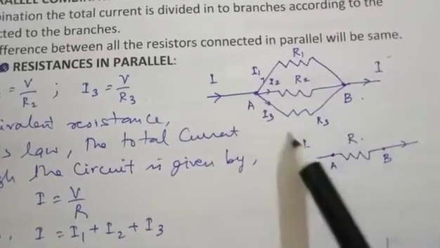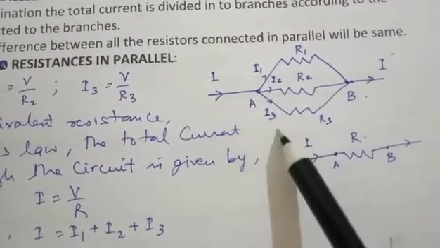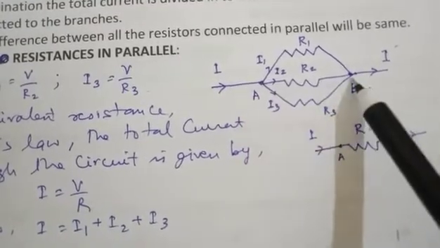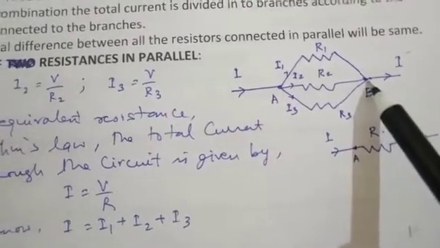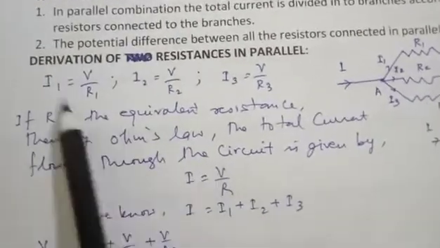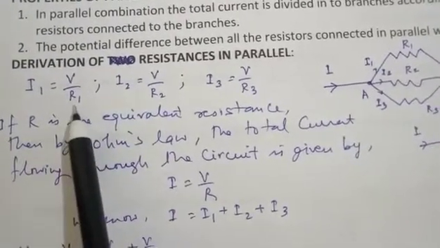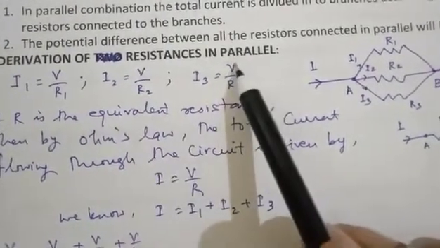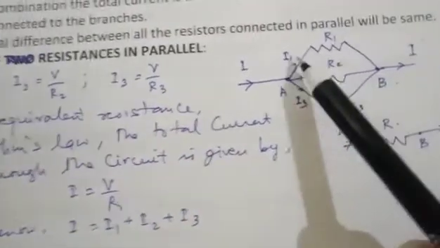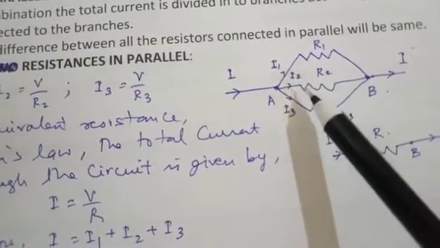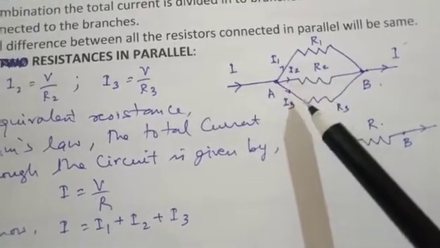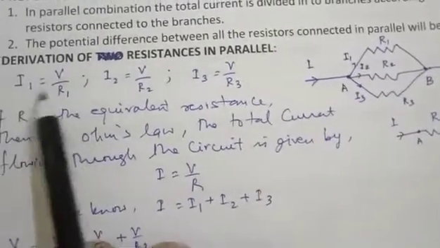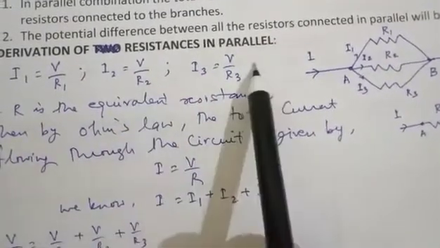These three resistors are connected in parallel because all three share the same common points A and B. Regarding the derivation, I1 is equal to V by R1, I2 is equal to V by R2 and I3 is equal to V by R3. That means I1 is the current of this branch, I2 is the current of this branch and I3 is the current of this branch, and we can get the values of I1, I2, I3 by these formulas.